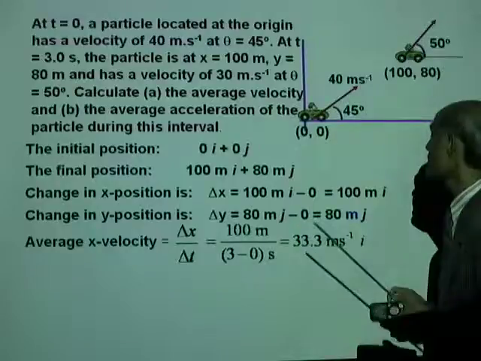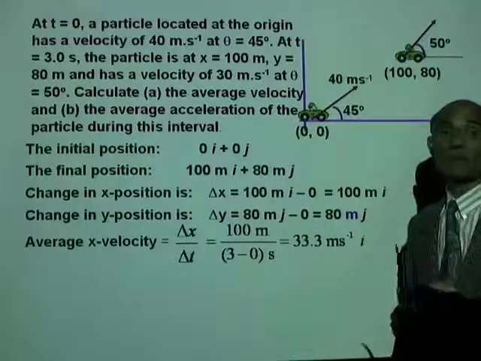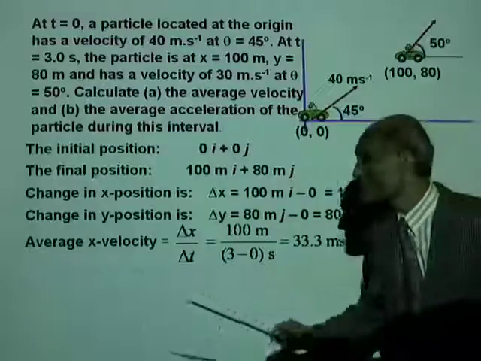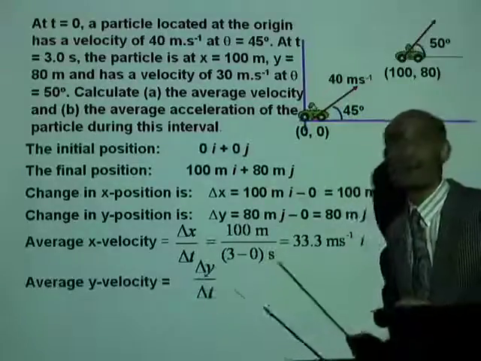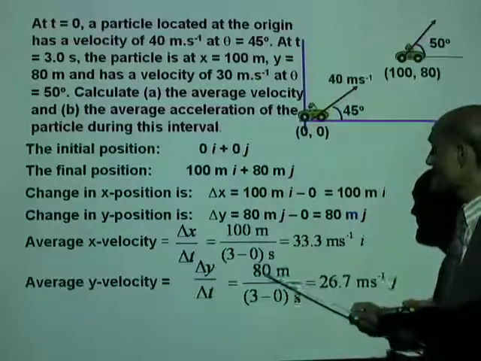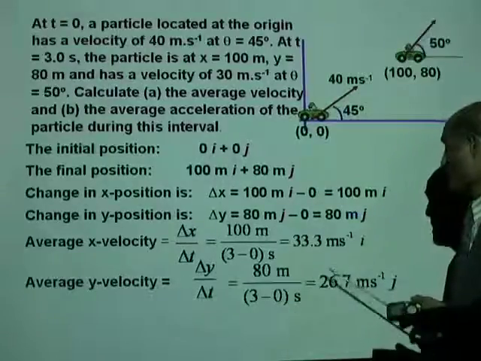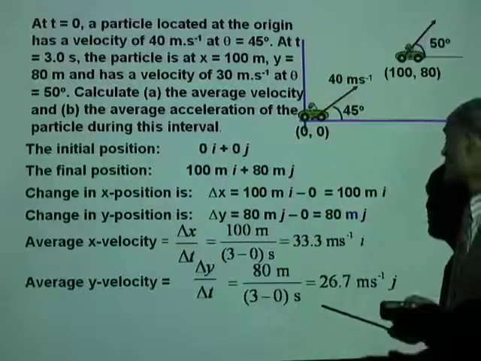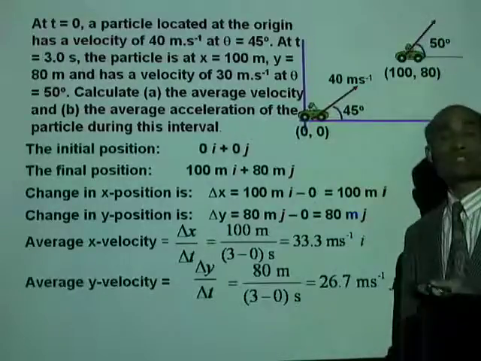That will be 33.3 meter per second i. What is the average y velocity? It will be delta y divided by delta t, and delta y is 80 meter j divided by 3 seconds, and that will be 26.7 meter per second j.